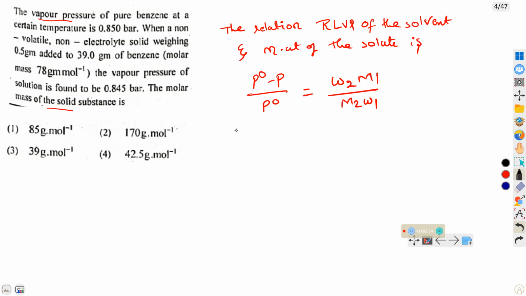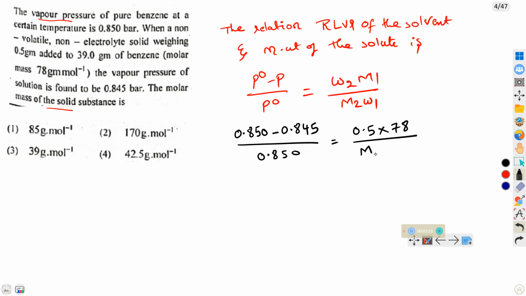P naught value is given as 0.850, P value is 0.845. So 0.005 by 0.850 is equals to W2, the weight of the solute, 0.5 grams, into 78 by M2 into weight of the solvent 39.